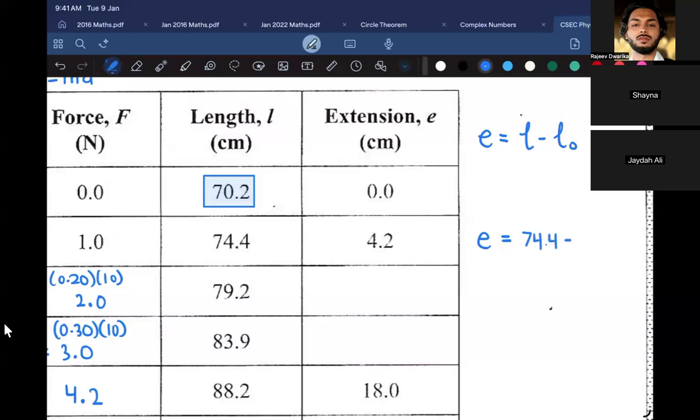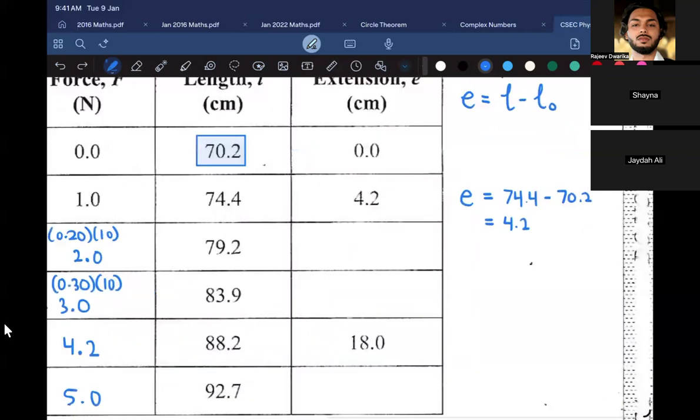And the original length was 70.2. What is 74.4 minus 70.2? 4.2, right? Just to confirm, did we get that in the table? Yes, sir. So we're going good, right?